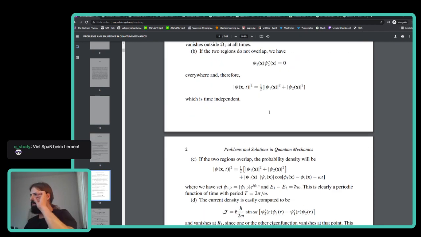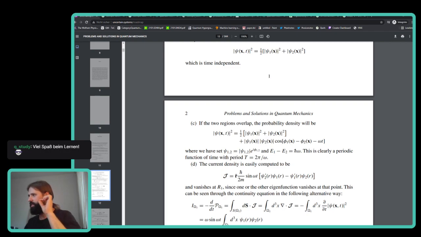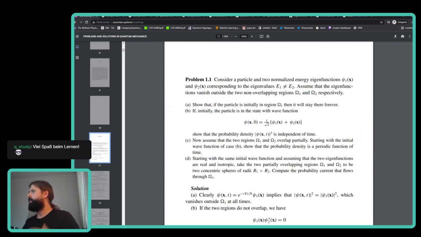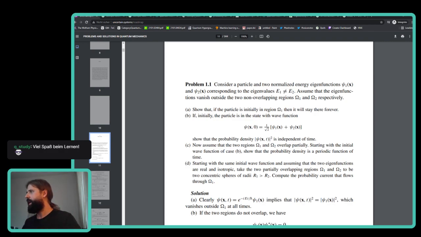I keep making the mistake that psi2 and psi1 are wave functions, and they are not. They are energy eigenfunctions. These are just the functions that describe how the energy behaves, but that's not the wave function. The wave function is how that is actually evolving, right?